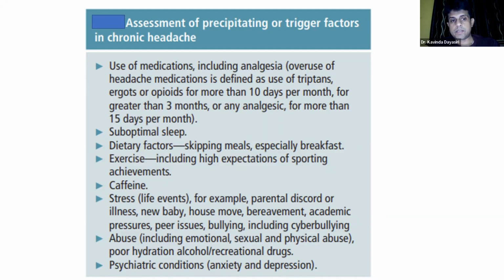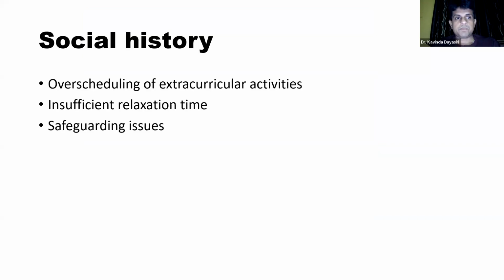Sometimes over-exercising can precipitate migraine, as can use of caffeine, stressful life events, emotional abuse or stressful situations, and psychiatric conditions. They all can precipitate a child's chronic headache, and it's worth looking at those risk factors. And also social history continuation: overscheduling of extracurricular activities, insufficient relaxation times, and safeguarding issues.